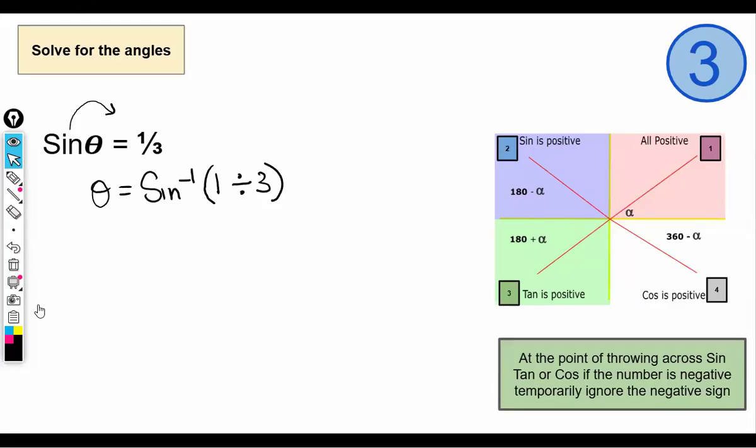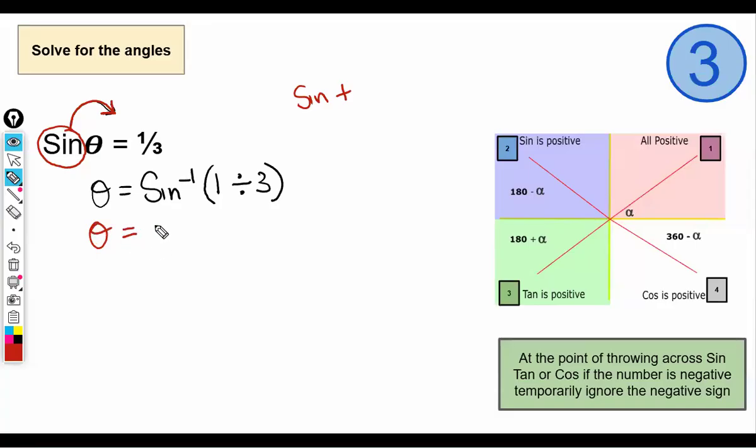Now, this is obviously a positive type of question because it only has one thing to throw across to solve the equation. And at the point of throwing across that one thing, the sine, what was waiting on the other side? Positive 1/3. So this is a sine positive question. So let me just work this out here.